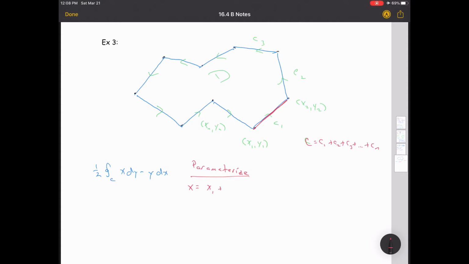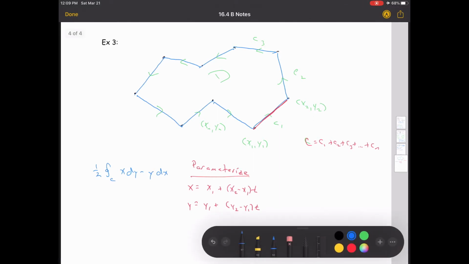Well, the difference between x1 and x2 is simply going to be x2 minus x1 times t. So that's the linear piece from the x's, and the y's are going to be similar. y is going to start at y1, and then it's going to add the difference between the two y values, between y2 and y1, times t. And that's how you'll parameterize it.